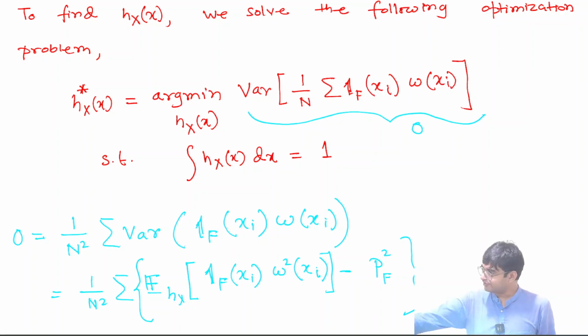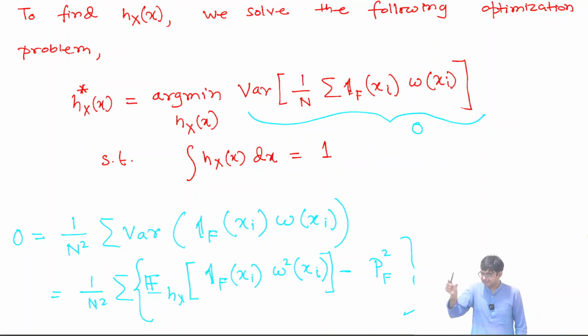Now remember there is a summation sitting outside, and it is a summation of multiple such terms. Each of the terms is a variance. It is a summation of multiple variances. What is the lower bound of variance? 0. Variance cannot be negative. So if it is a summation of non-negative quantities, can I not easily look into one quantity at a time in a generic sense and minimize that?